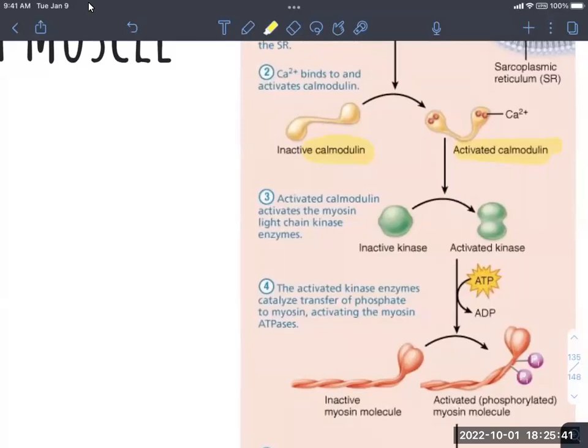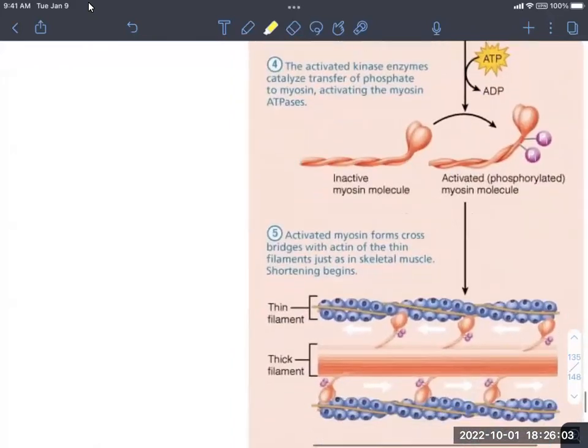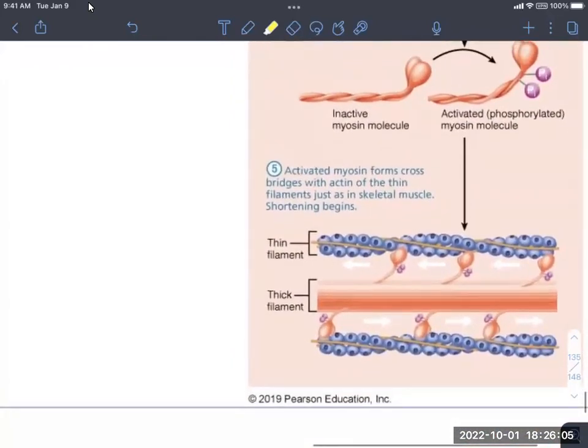So we get that inactive kinase to that active kinase because of that calmodulin. That activated kinase enzyme transfers the phosphate to the myosin. That's how we go from ATP to ADP plus phosphate. Then those myosin heads will bind to the actin and cause the muscle to contract.